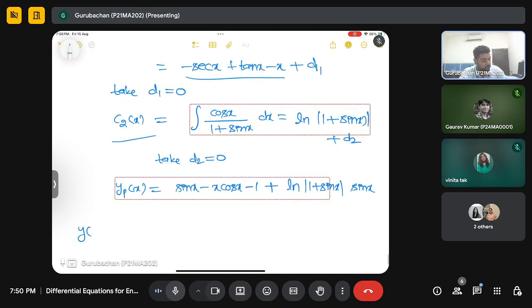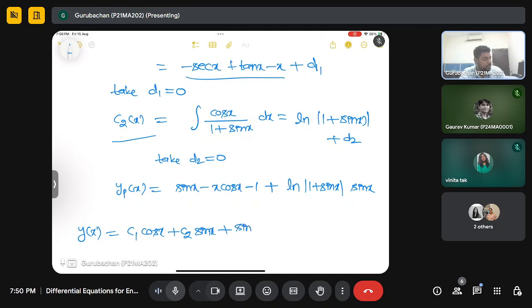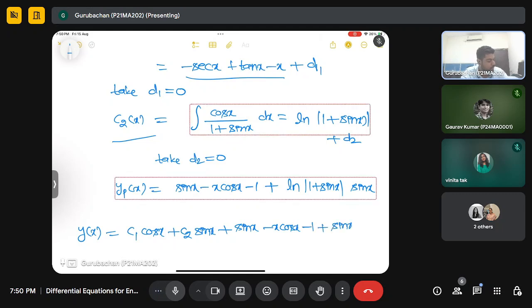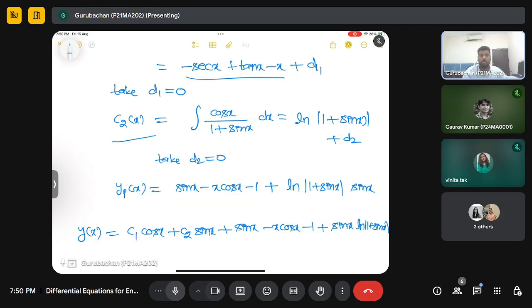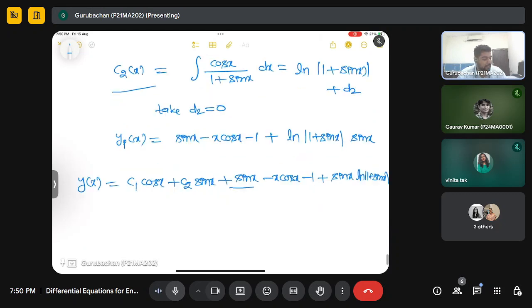So what is your general solution? It will be c1 cos x plus c2 sin x plus sin x minus x cos x minus 1 plus sin x into ln of 1 plus sin x. So this will be your whole general solution. But since there is one term of sin x and it is a combination of c2 sin x, you can combine it with this one.